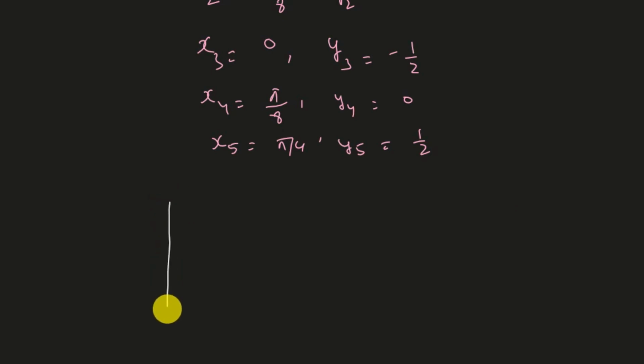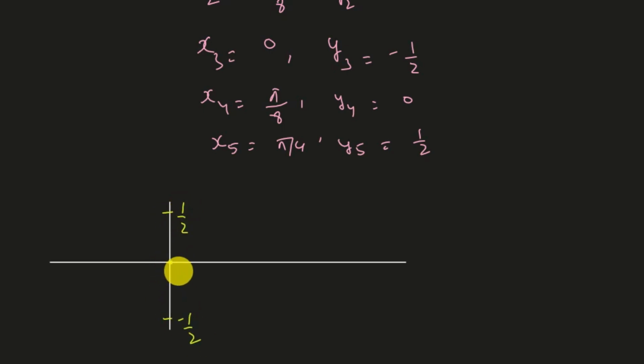So this is the y-axis, this is the x-axis, right? Here I can take plus half, minus half. Here this is 0, minus pi by 8, and this is minus pi by 4. This is pi by 8 and pi by 4.